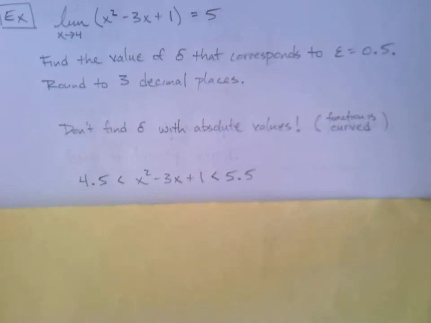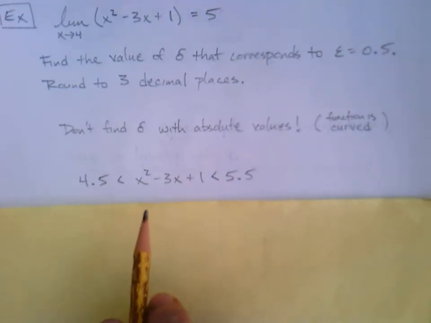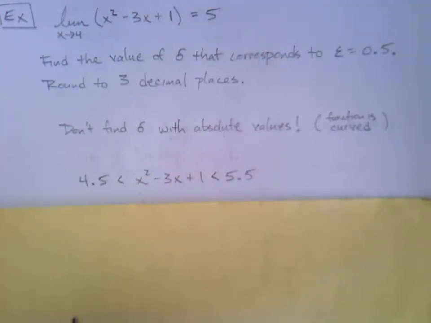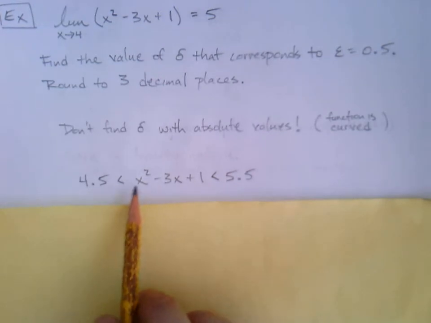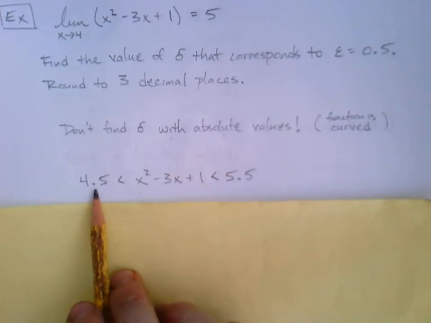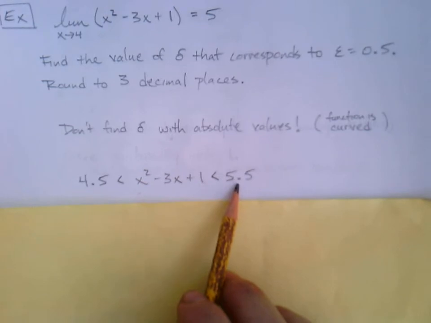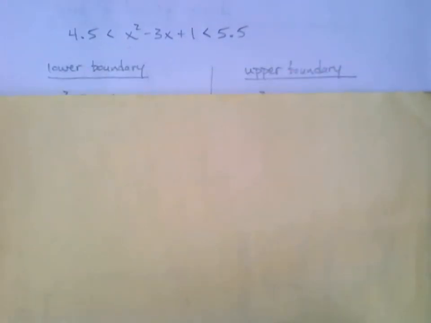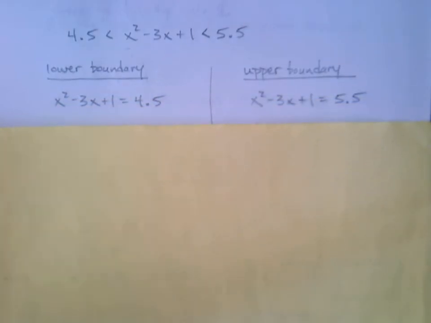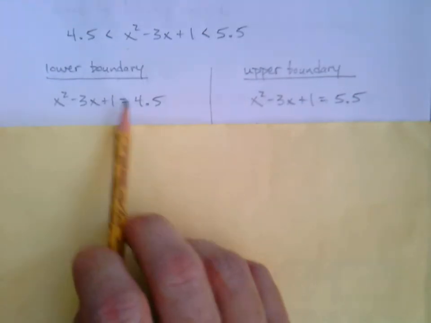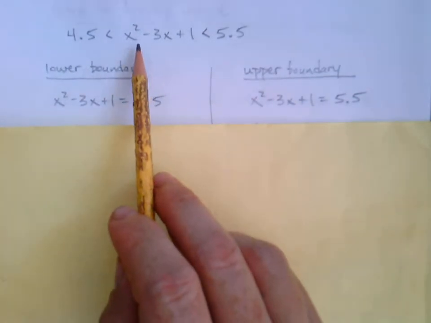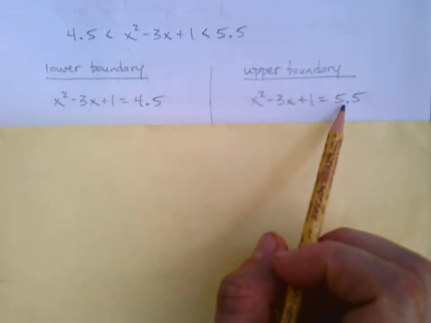So what are we going to do with that? Well, it turns out we're not going to isolate x in the middle or anything. That would be far too difficult. We're just going to say there's a lower boundary, 4.5, and an upper boundary of 5.5. We know we're caught somewhere in the middle. We're just going to set our function equal to the lower boundary and solve this, and then set our function equal to the upper boundary and solve this.